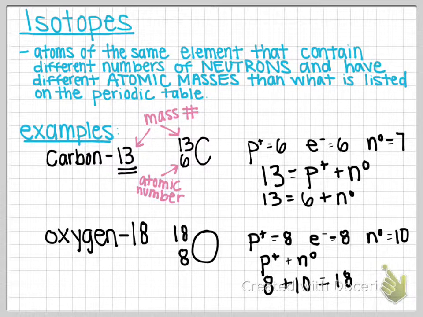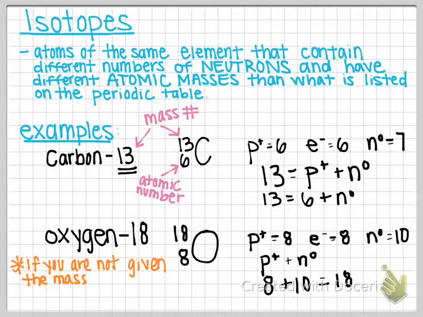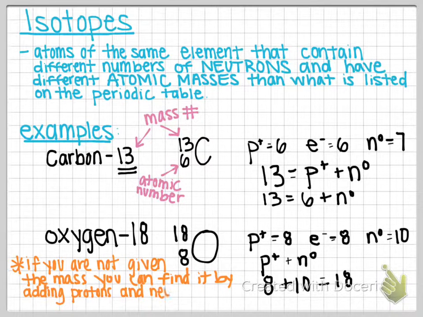So with isotopes, that was just one example to show you that if you are not given the mass, you find it by adding protons and neutrons.